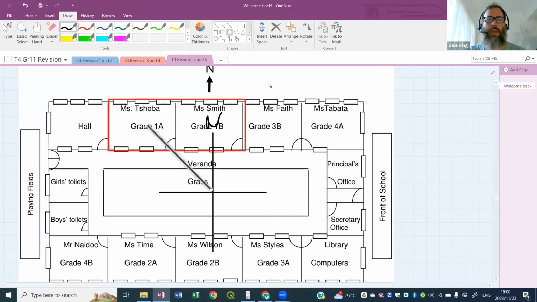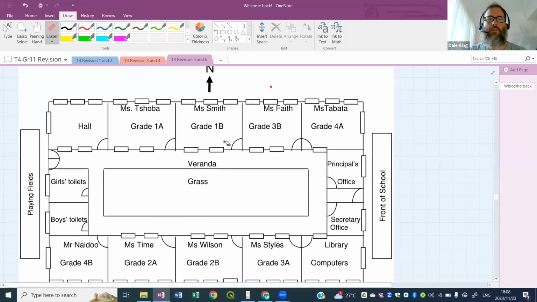It's either there or it's going straight up, which is north. North or northwest would be correct here. So the compass is in the middle of the school. Definitely. Very easy. Northwest part of the school.